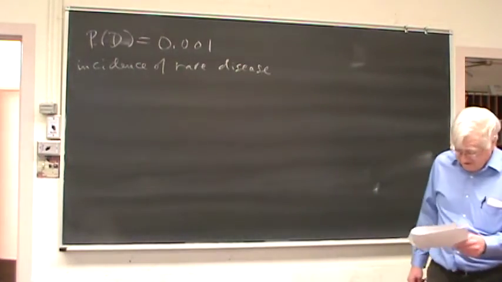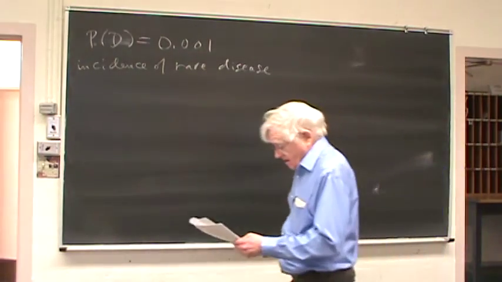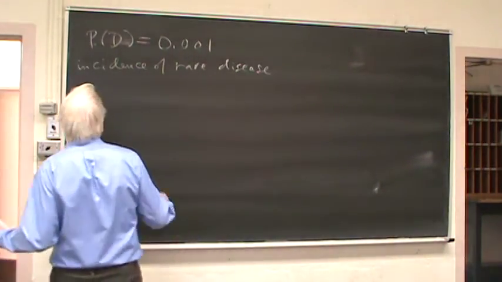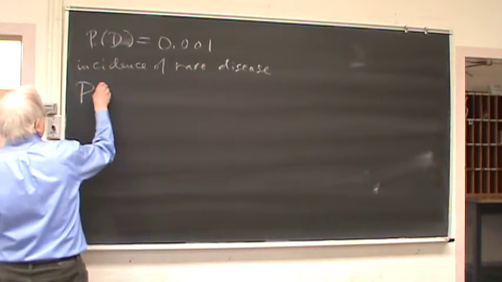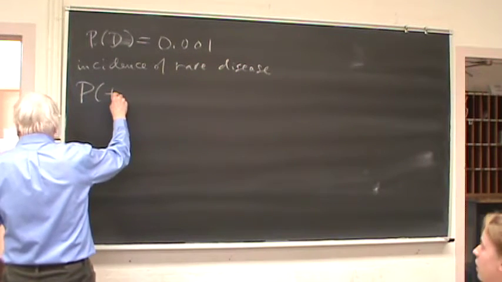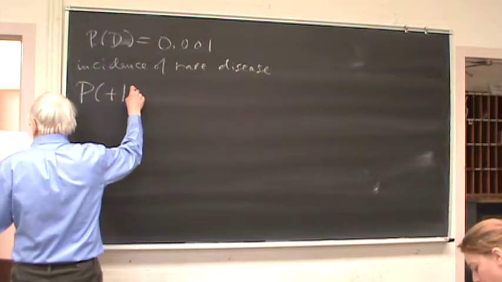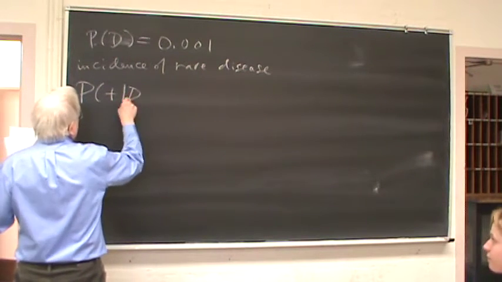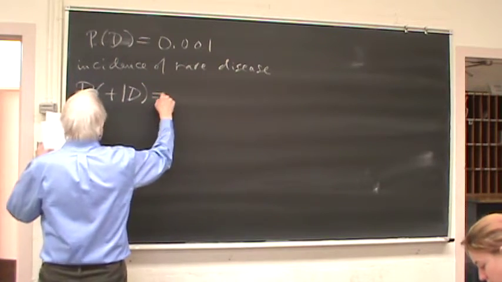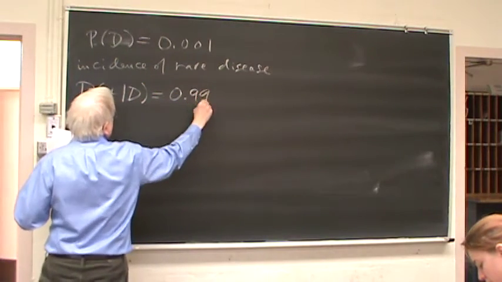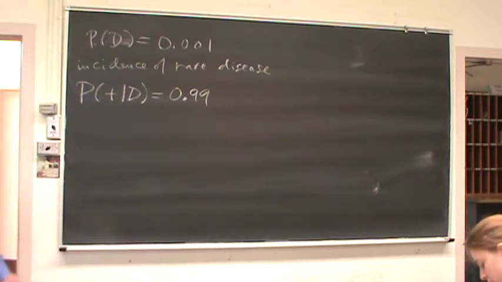That is to say, it's really sensitive, so that the probability of a positive result of the test, given that someone has the disease, is 0.99. So that's pretty effective. It works 99% of the time.